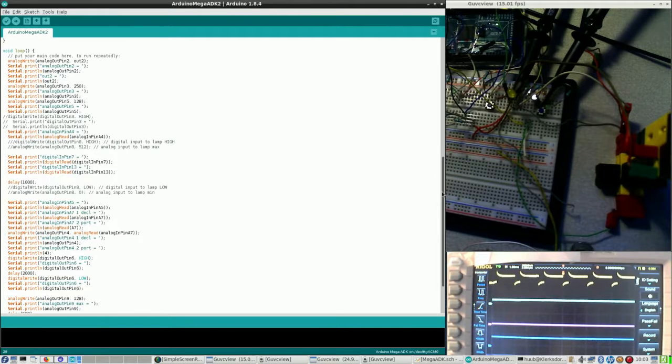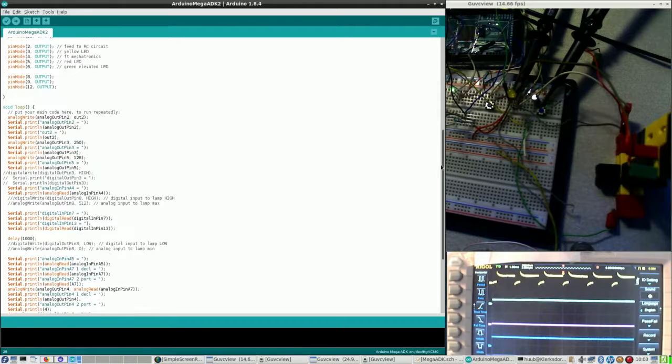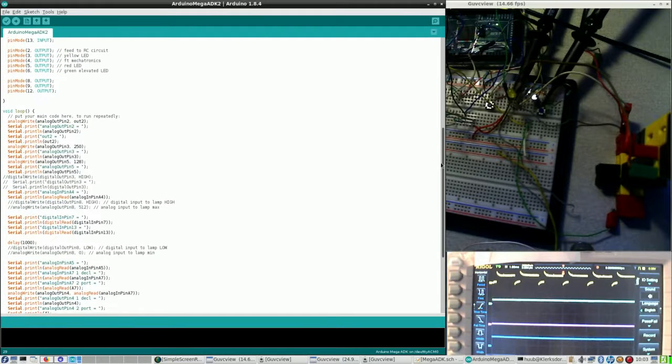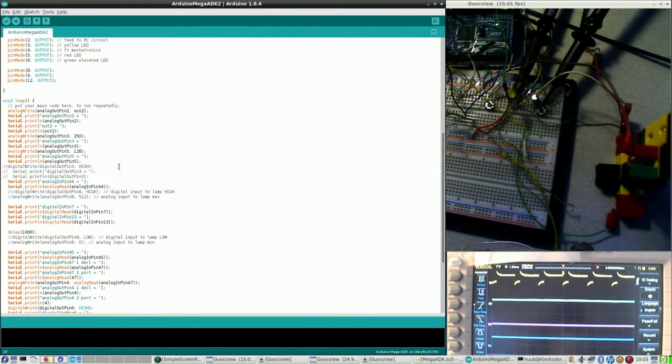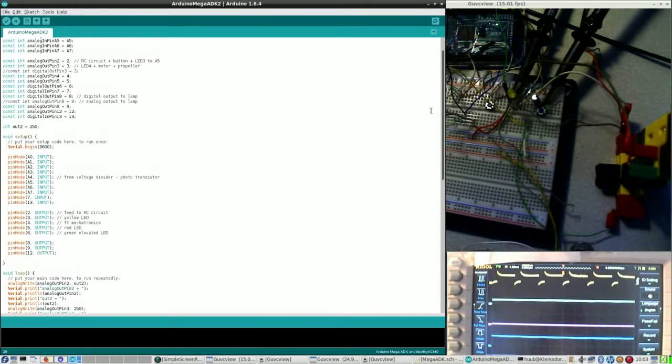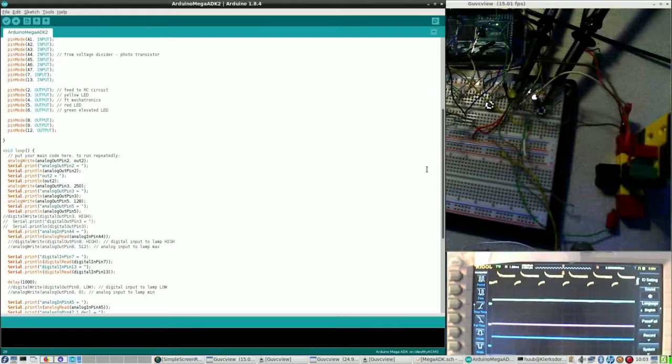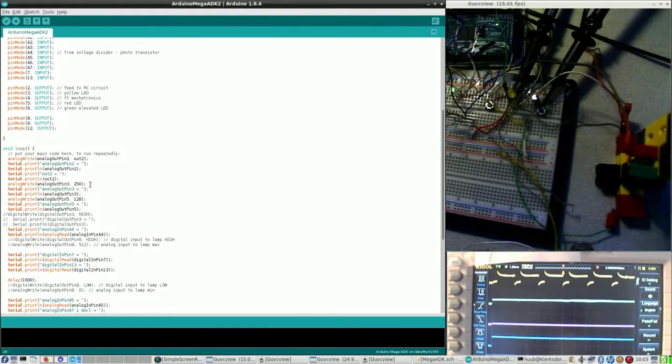So if I want to do it the analog way, it is now being addressed, and I have to use 3 then as 250. So let's reduce it to 128. See whatever happens then.